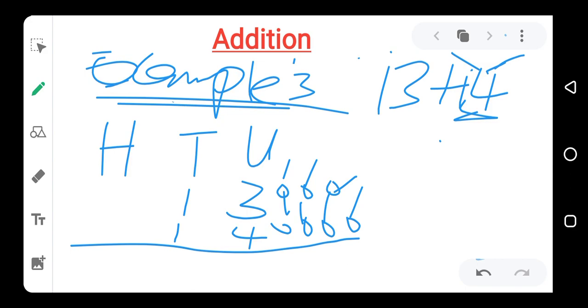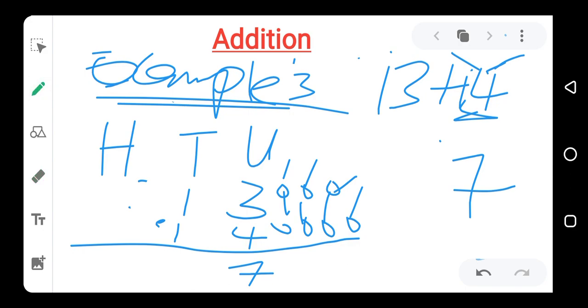Now we write it. 7 is only one digit. Because it is only one digit, we write it under units. Now the next is 1 plus 1. 1 plus 1, that is 2. So 1 plus 1 is equal to 2.